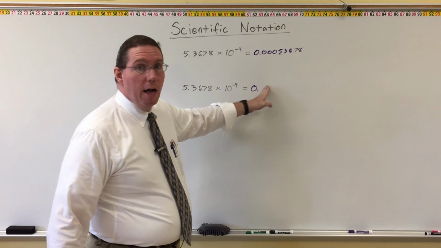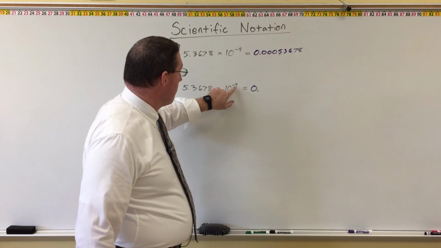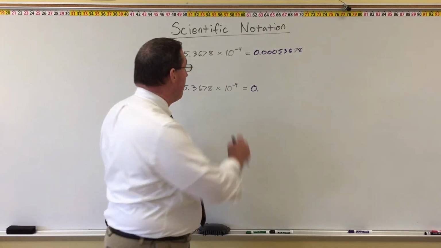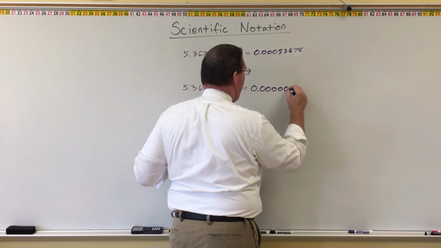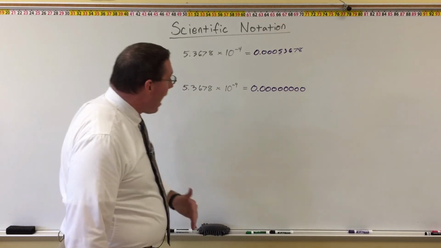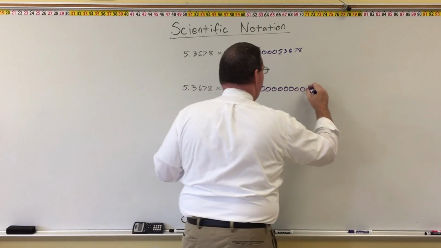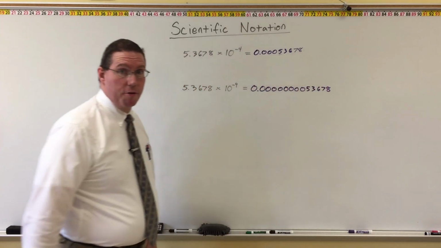But now we need a number of zeros equal to this number, ignoring the negative, 9 minus 1, so that's 8. So I know that I have to put in 8 zeros: 1, 2, 3, 4, 5, 6, 7, 8. Now I can write all of my digits: 5, 3, 6, 7, 8. And that is my answer.